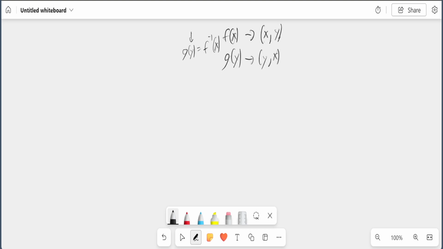But there's a mismatch here, right? You can't have a function of y by taking an inverse of the function in x. So we just say, okay, let's also make this a function of x. And that doesn't actually change anything, because we're still plugging in values.